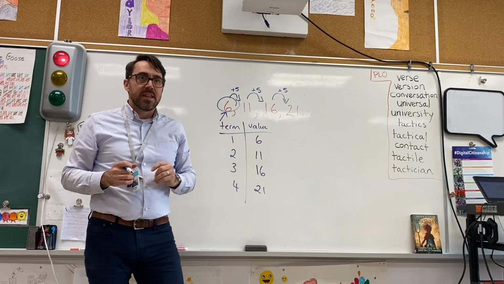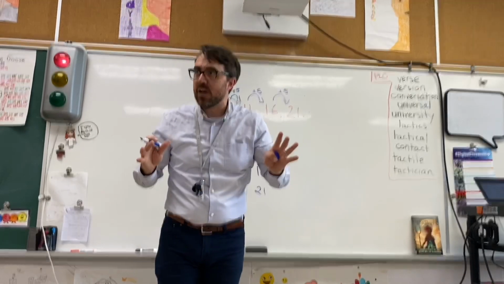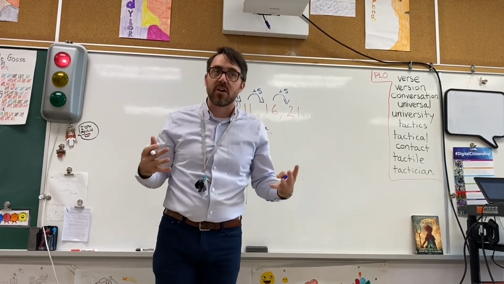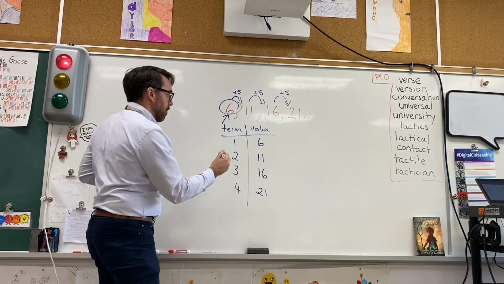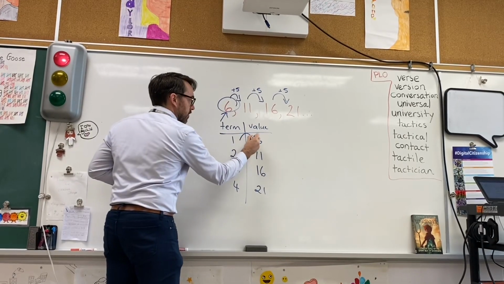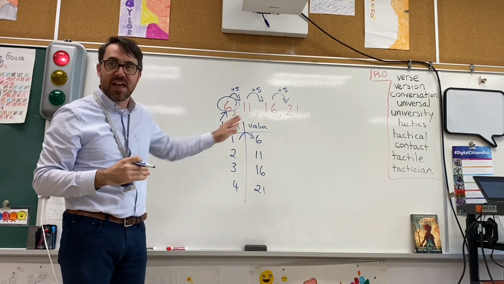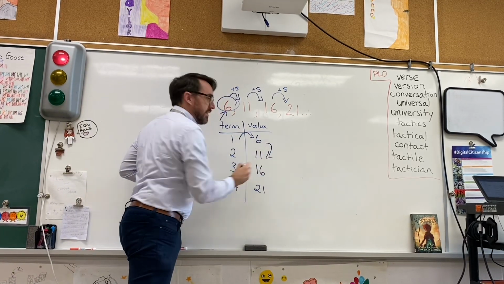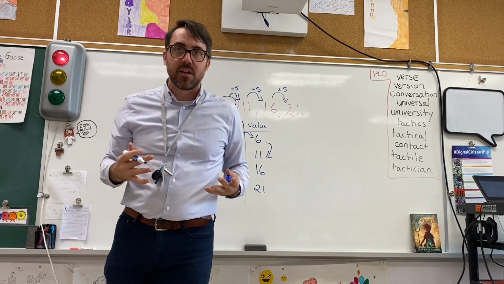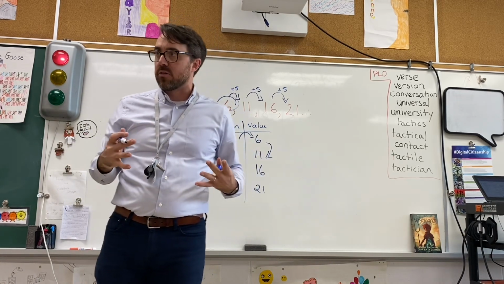Now, the patterning table allows you to see patterns in your pattern. Sometimes there are patterns across the table like this, and sometimes there are patterns down the table like that, but there are always patterns.